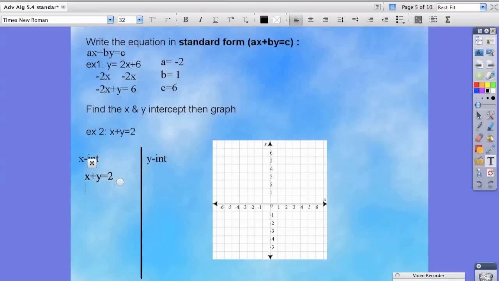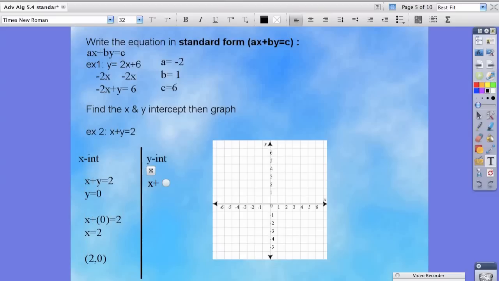And then when we're trying to look for an x-intercept, we're trying to find out what x is equal to. So when that happens, we set y equal to 0. So therefore, we get x plus 0 equals 2, then x equals 2. If we wrote that as an ordered pair, it would read 2, 0, because our y was 0.